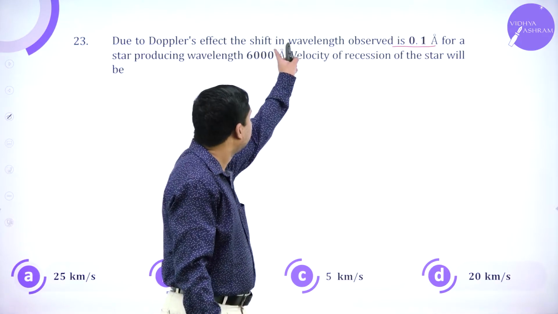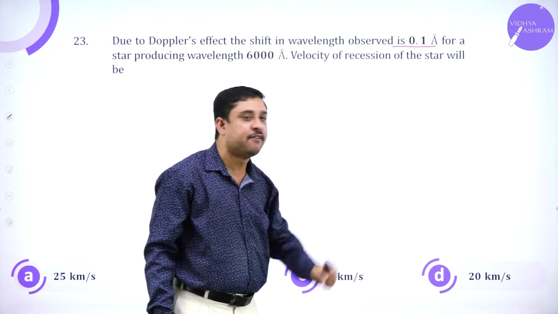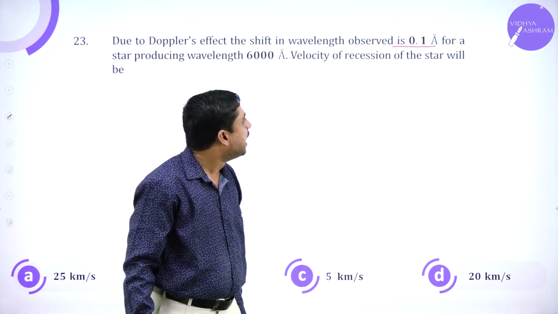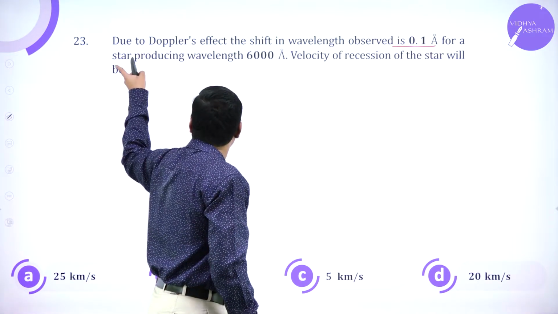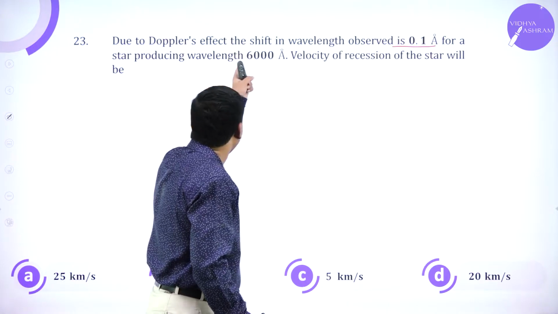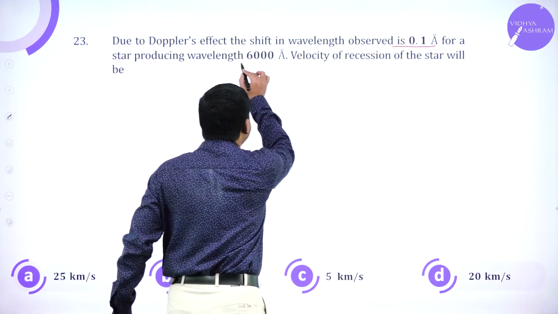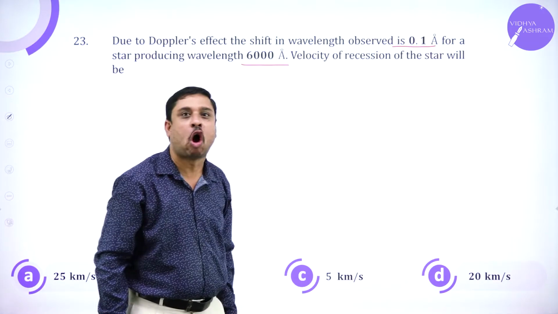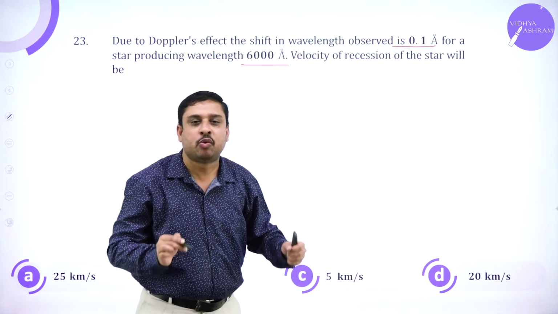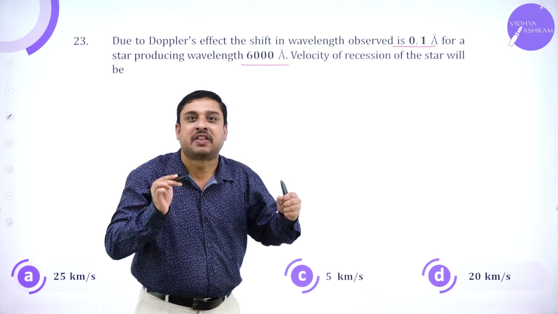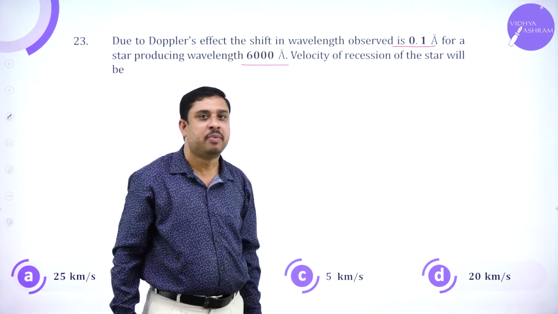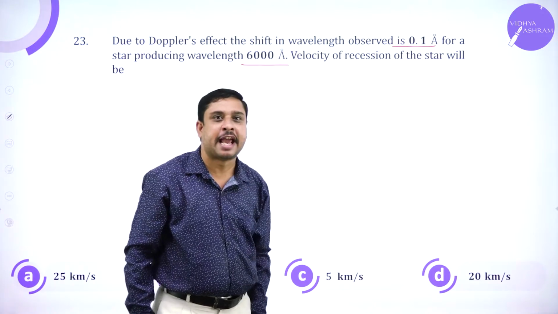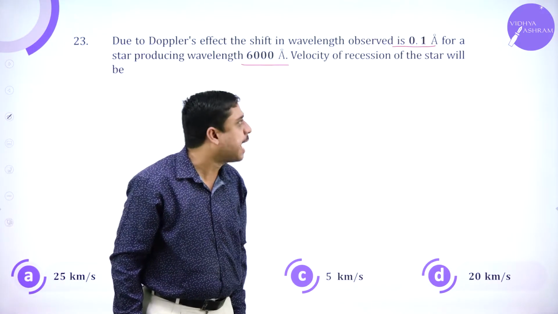He says the shift in the wavelength is 0.1 angstrom for a star having wavelength 6000 angstrom. The actual wavelength of this star is 6000 angstrom and the shift is 0.1 angstrom.